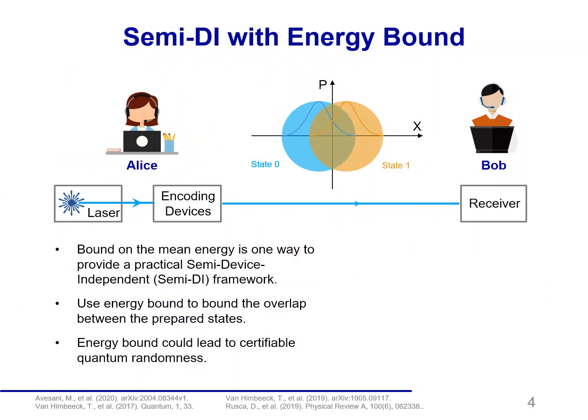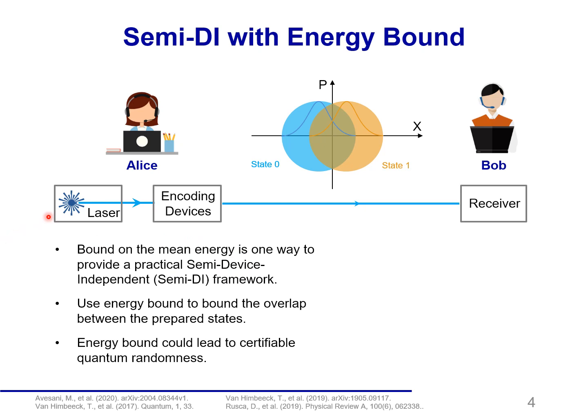Another field requires energy bound is the semi-DI framework, including quantum key distribution or quantum random number generation. So semi-device independent here basically means the security of the scheme depends only on limited assumption, like here only on the mean energy. So as long as we can trust the energy bound, the QKD or QRNG will be secure.